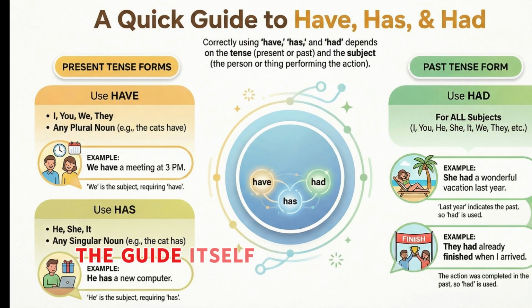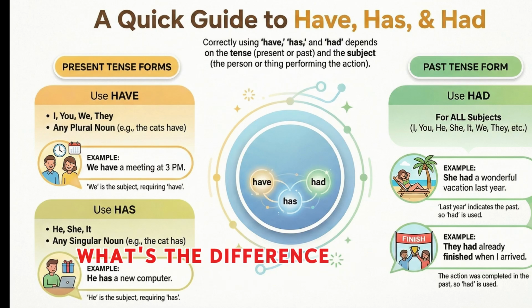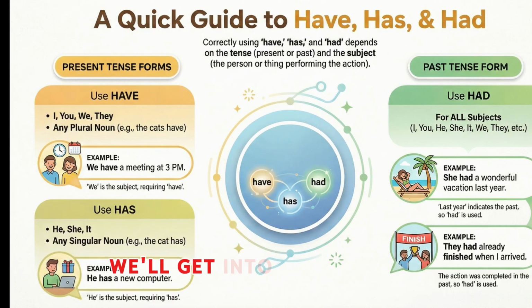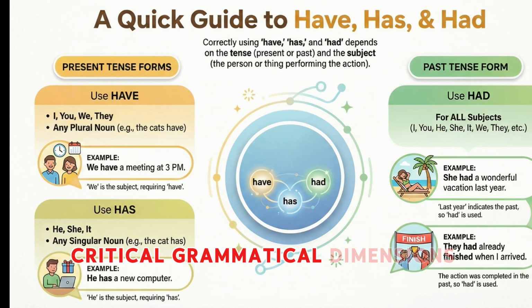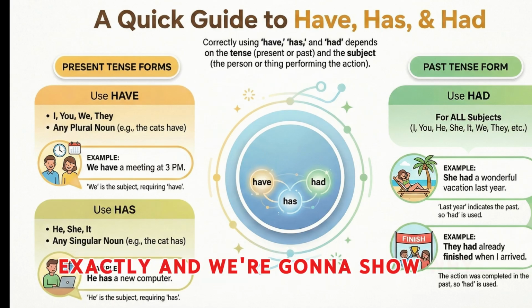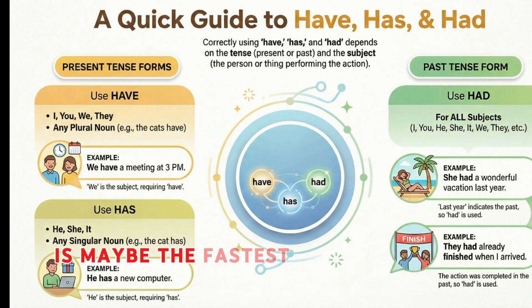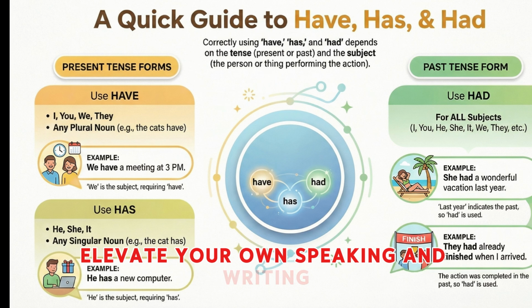The guide itself asks the one big question: what's the difference? And we're going to unpack that. We'll get into the three critical grammatical dimensions these words operate in. Exactly. And we're going to show why mastering these little words is maybe the fastest way for you to immediately elevate your own speaking and writing.